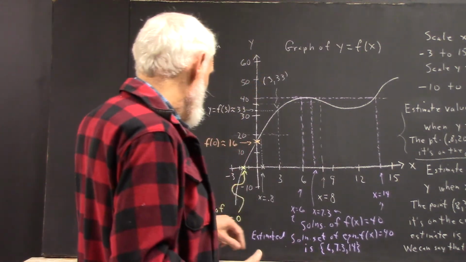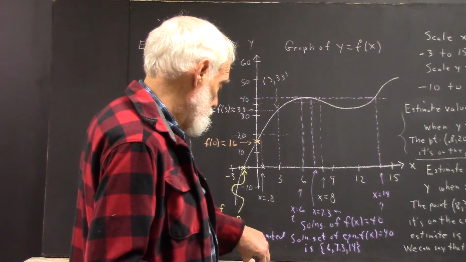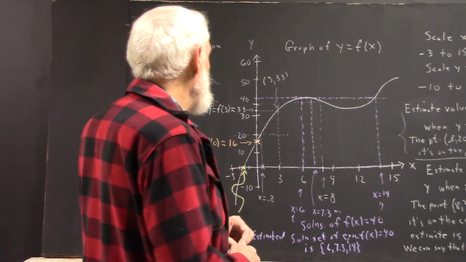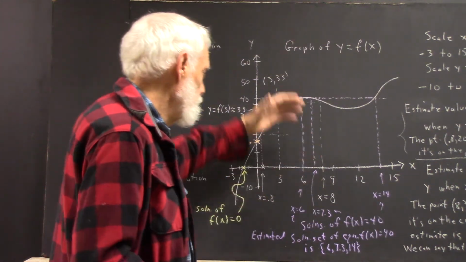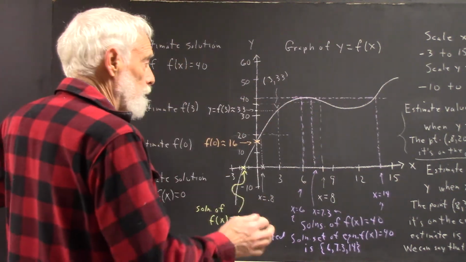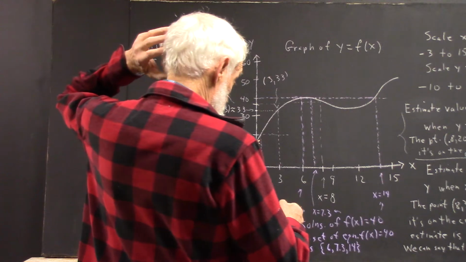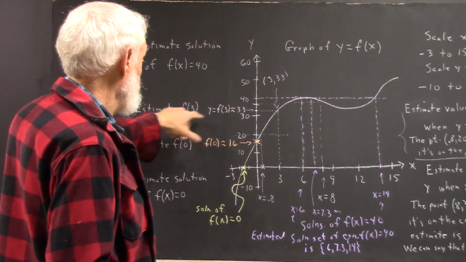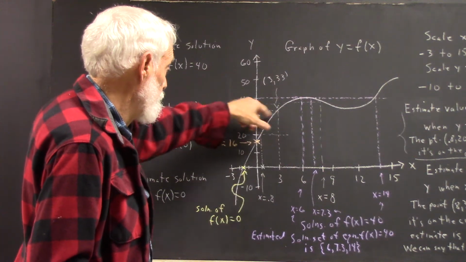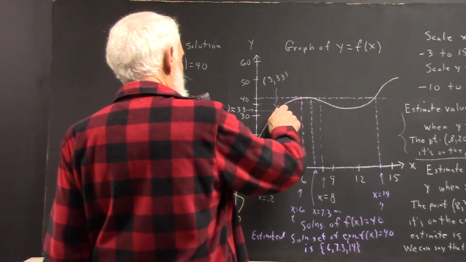And there's one other important way of indicating these things, of representing the values of functions. Okay, let's go back to the estimate of f of 3, which was 33. We got it here, okay?